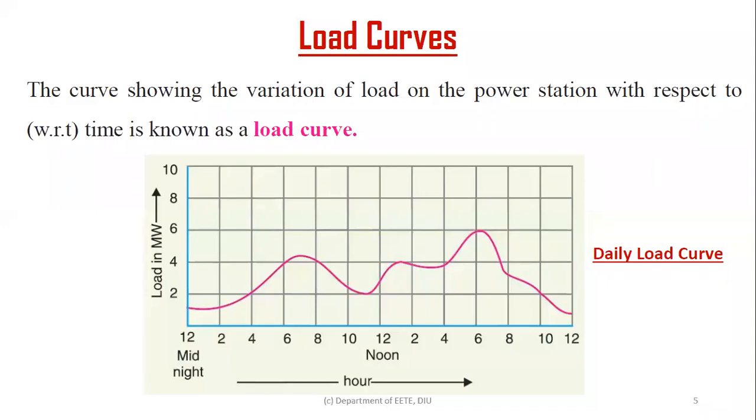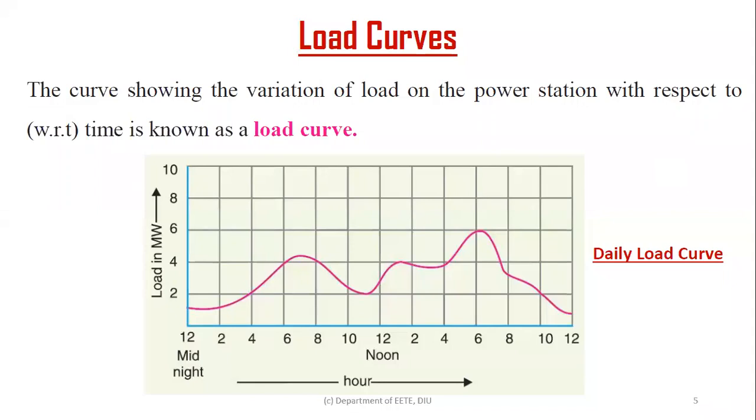So what is the monthly load curve? For the monthly load curve, you require 30 days of load curves. Suppose at 12 at night, we have 30 data points, one for every day. We sum all the 30 data and divide by 30, getting the average data.